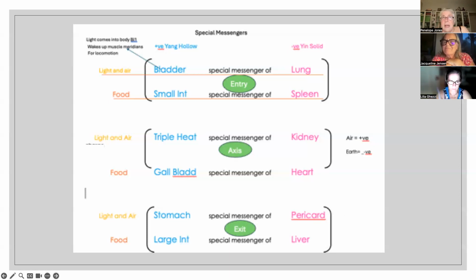I find that that helps me to understand it, having to organize it from the lecture that he gives, and which arrow goes in which direction. I like to make it fairly clear, like I've put for every single one of them, special messenger of, so that it's clear.